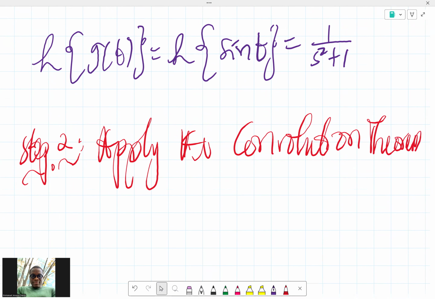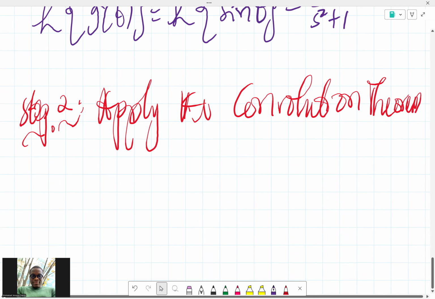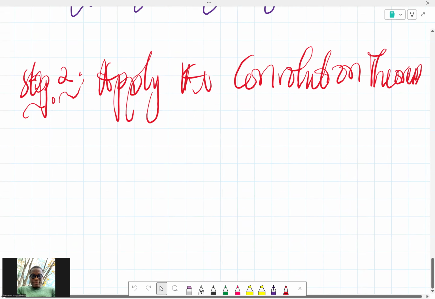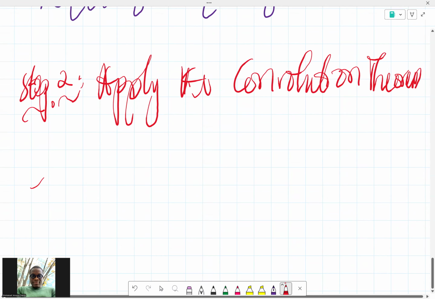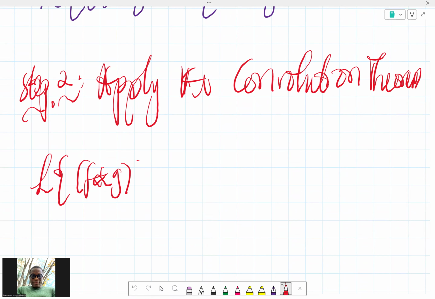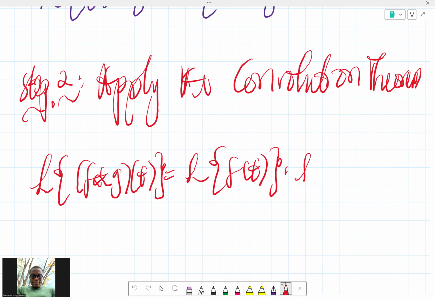So using the convolution theorem, the Laplace transform of the convolution is the product of the Laplace transforms. Applying the convolution theorem, we have the Laplace of the convolution f star g of t, and that is the Laplace of f of t multiplied by the Laplace of g of t.